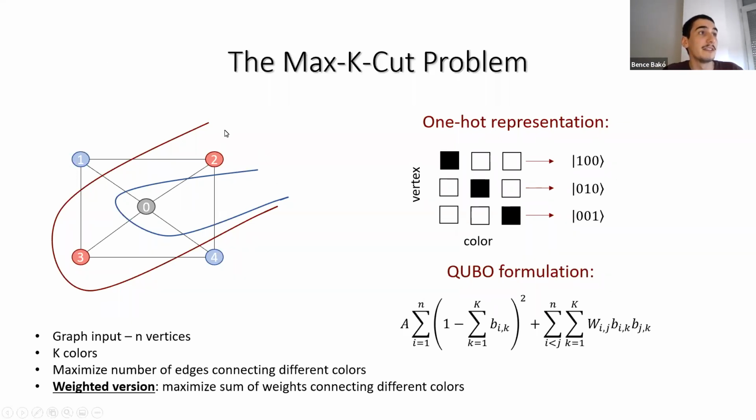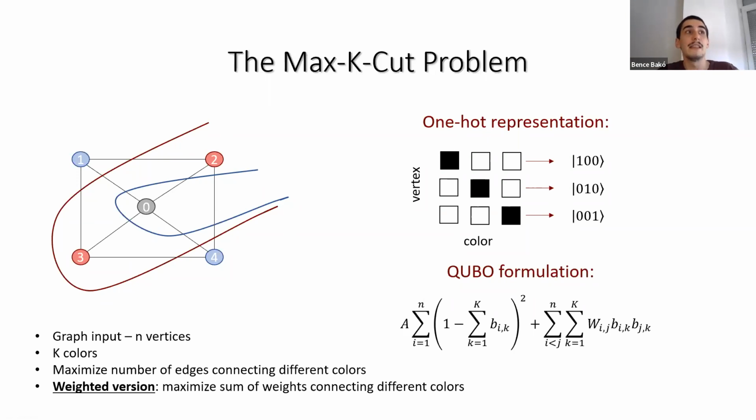If we look at this simple example of a graph with 5 nodes, then one optimal coloring would be the 0th node colored with the first color, then 2 and 3 with the second one, and 1 and 4 with the third one.